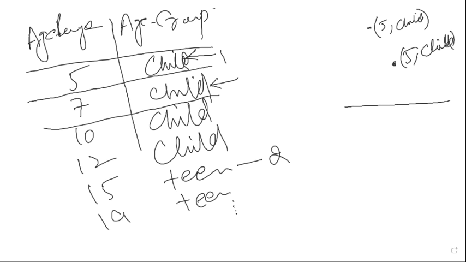And now if I come in here and draw these points, for example, we have age from 0, 1, 2, all the way to 5, and so on, all the way to 20, right?